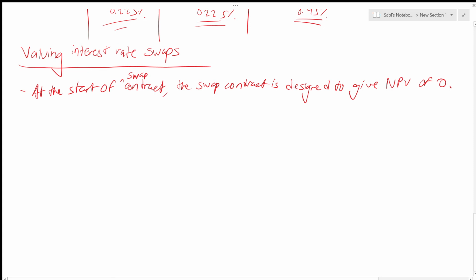This you should know, right? Based on current FRA rates.